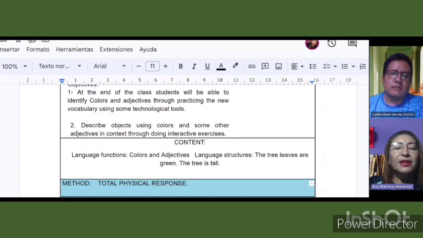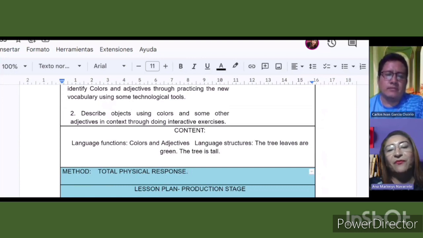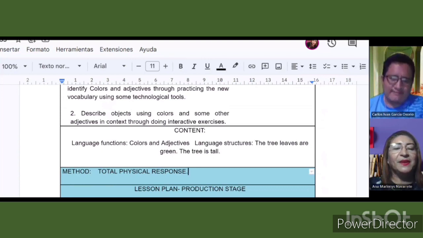And the content is, as I mentioned before, colors and adjectives. For example, they are going to describe things like the tree leaves are green, or maybe people, personalities, or physical appearance.